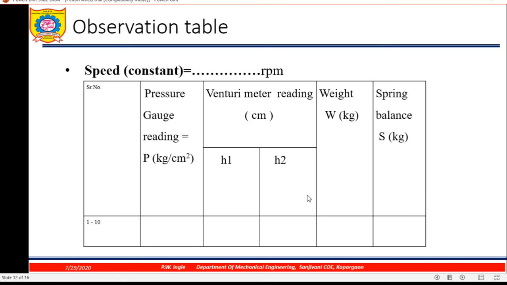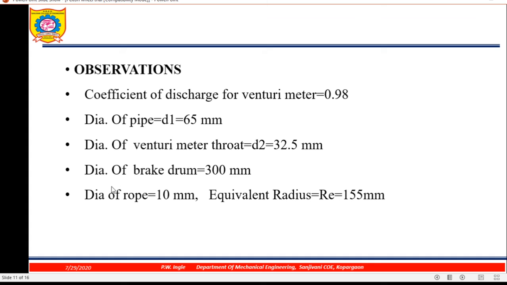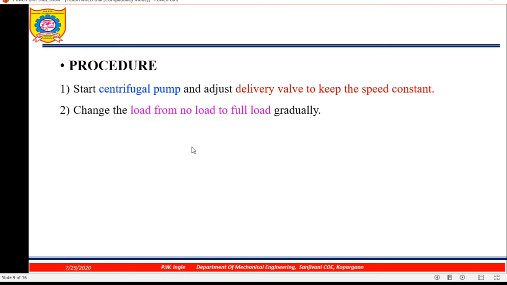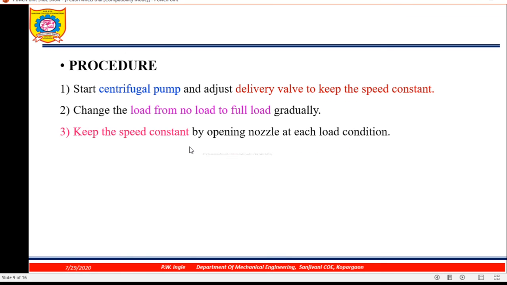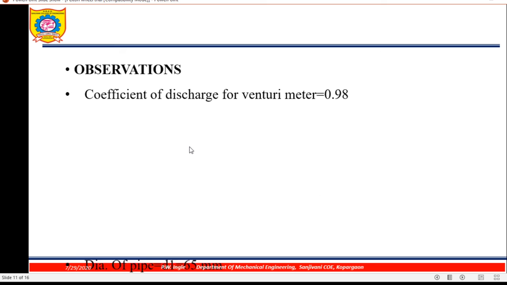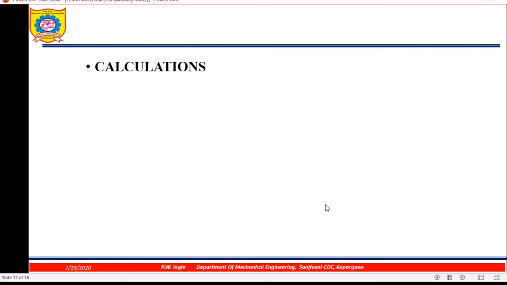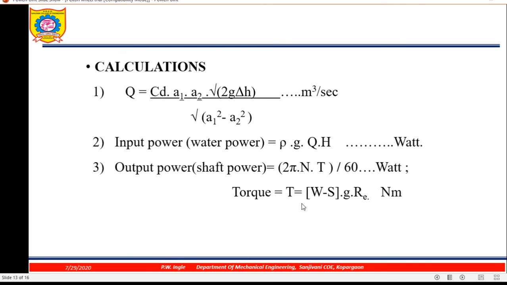The equivalent radius you see here is 155 mm, the equivalent radius of the wheel. In this way you can calculate torque.